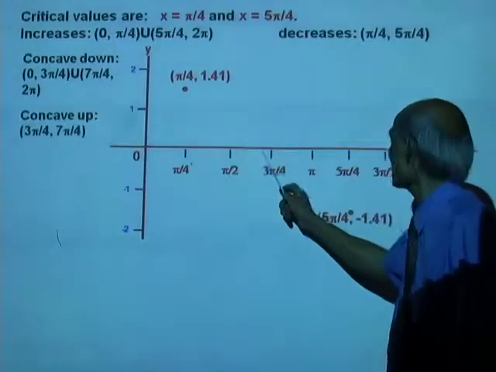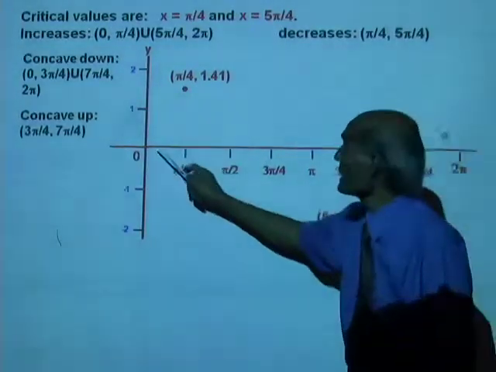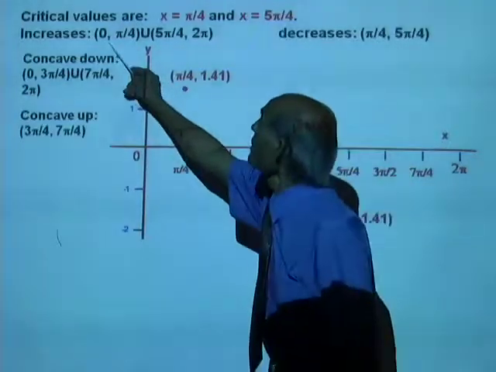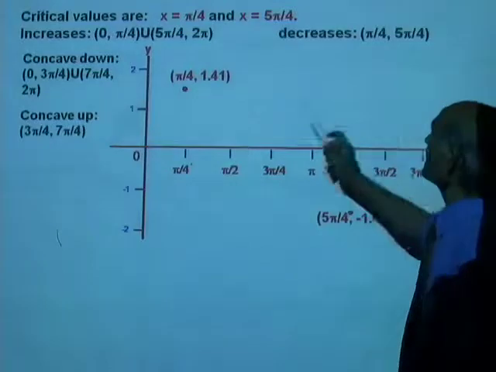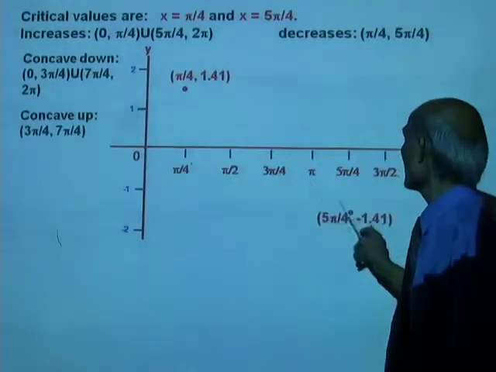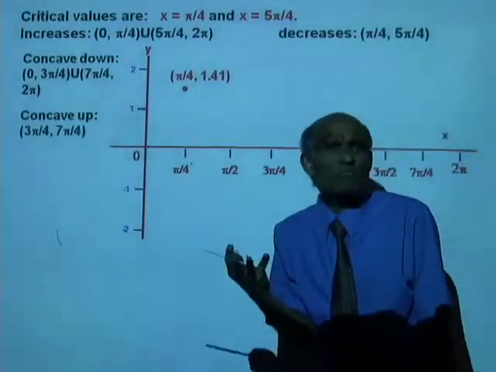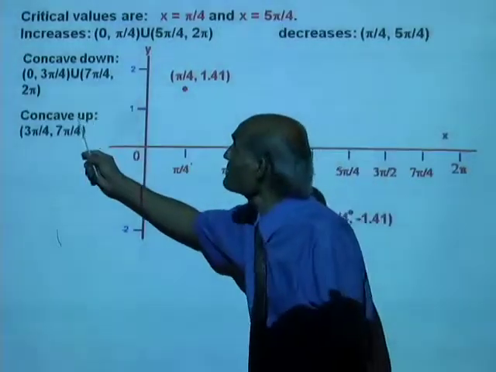From here to here it is decreasing. So look at that. Increases here and increases there and decreases here. But that doesn't really give you a picture.